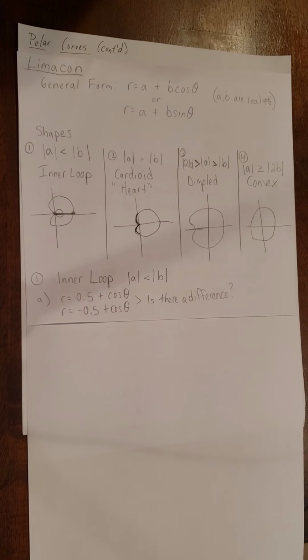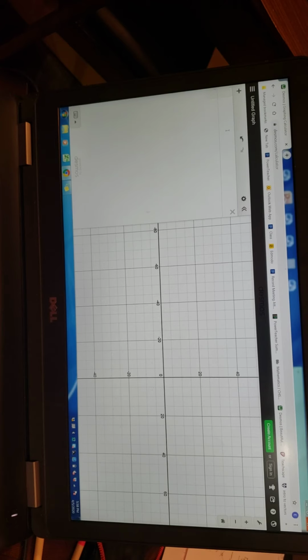And what I want to know is, is there a difference between these 2 polar curves? So a is positive 0.5 and 1. A is negative 0.5 and 1. Other than that, there are no differences in these 2 equations. So let's get that up on Desmos.